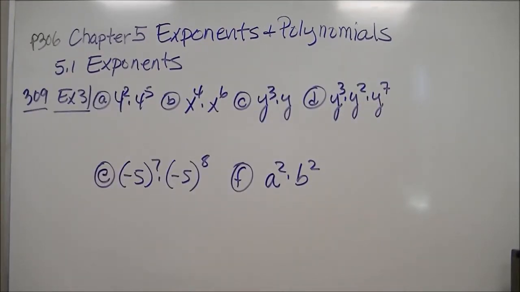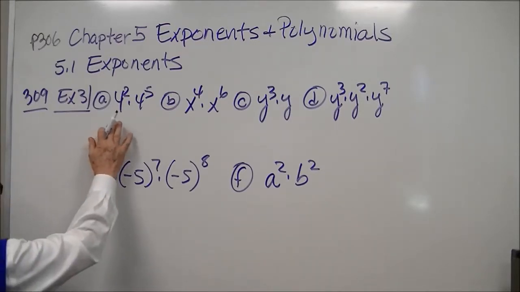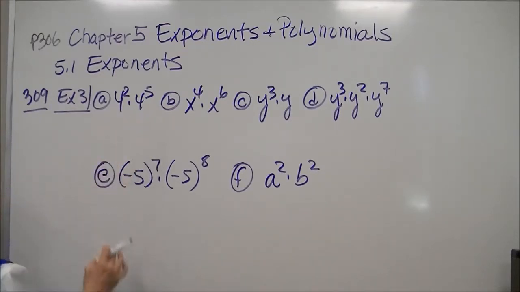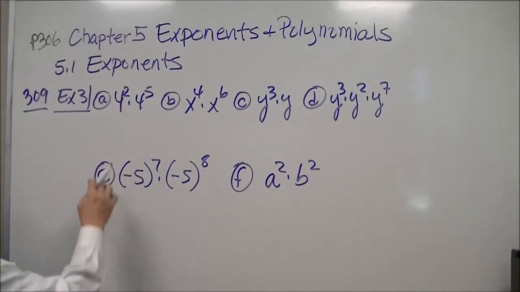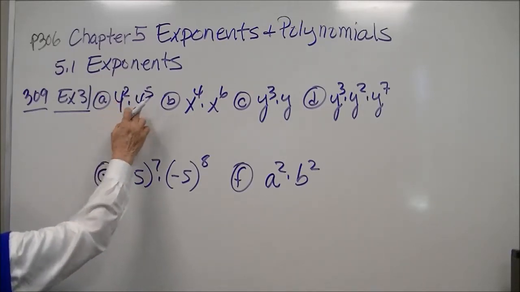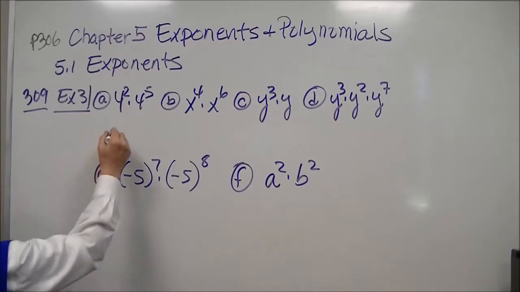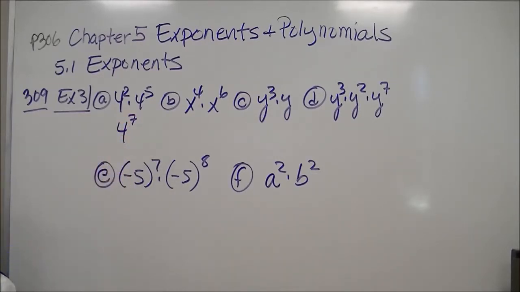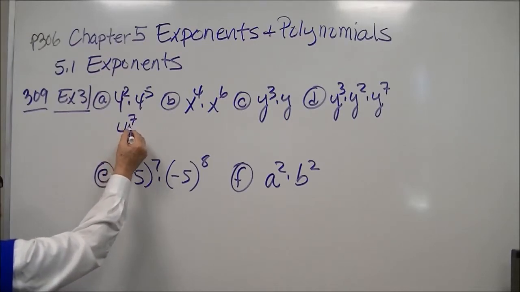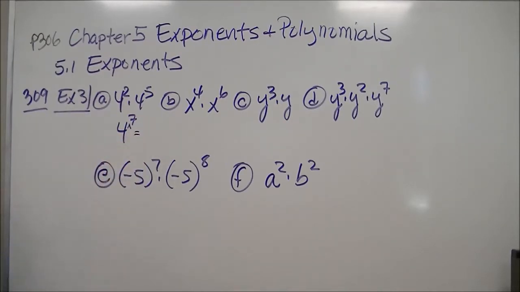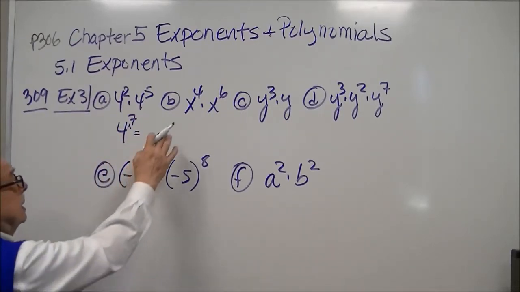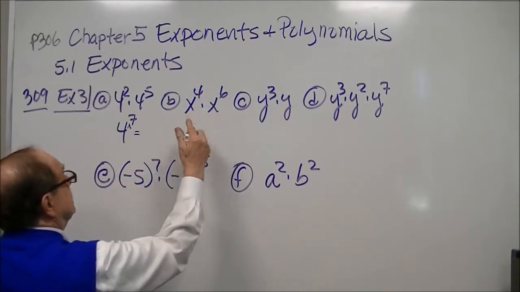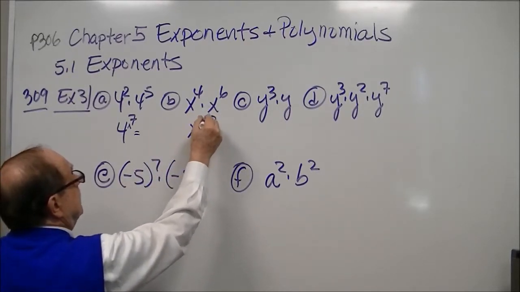Going on to example 3, again, identify the base, because if the bases are the same, then we just add the exponents. So this is going to be 4 to the 7th. And if you put that into your calculator, you'd get some big number. This one, the bases are the same, so this becomes x to the 10th.